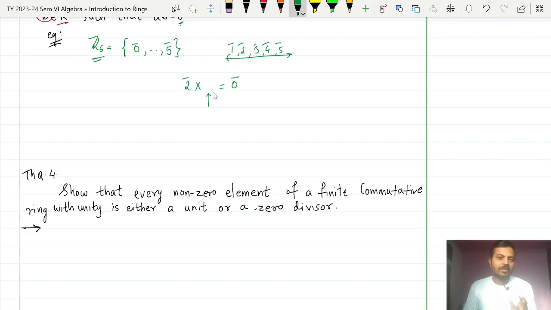If you put 2 bar here, it will be 4 bar. If you put 3 bar here, it will be 6 bar. But note, we are in Z6, and in Z6, 6 bar is nothing but 0 bar. So 2 bar multiplied by 3 bar is actually equal to 0 bar. This implies 2 bar is a zero divisor.